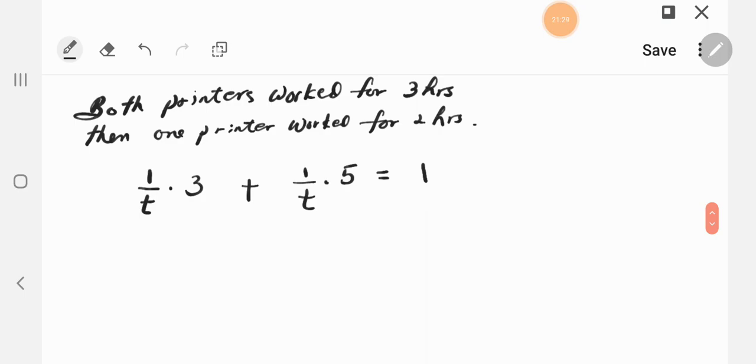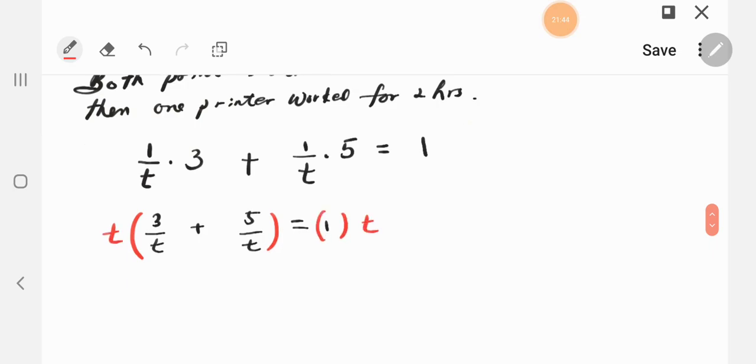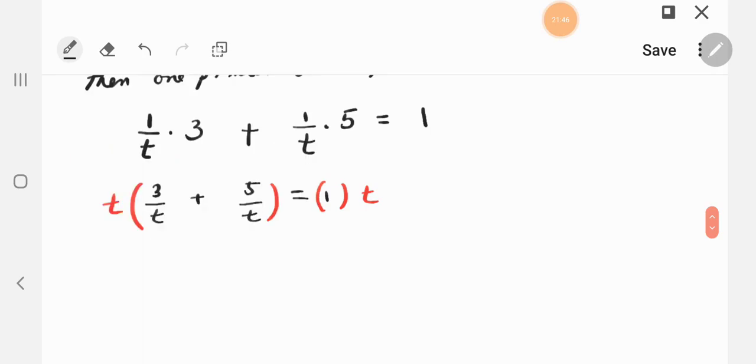Why don't we multiply each side by t? So this is equal to 3 over t plus 5 over t is equal to 1. Multiply each side by t, the LCD. Using the distributive property, t times 3 over t, t times 5 over t is equal to t.